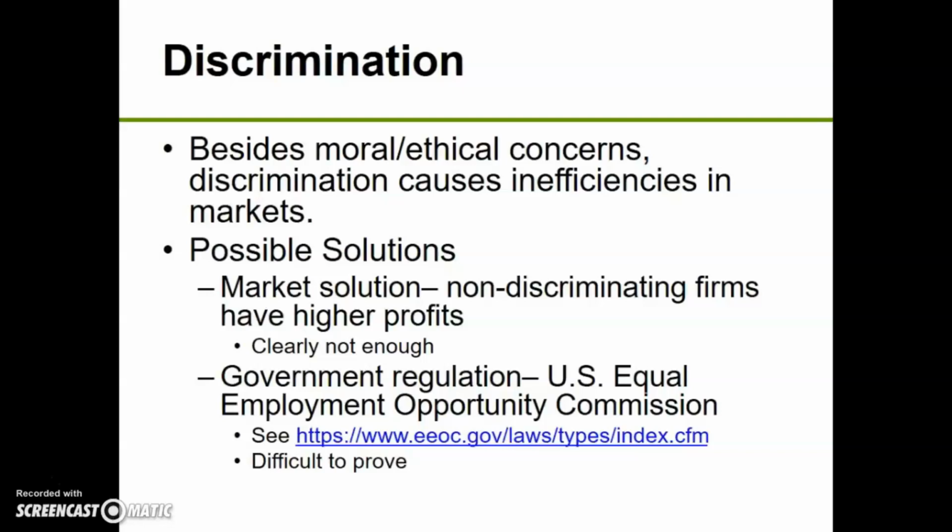The problem here, and the reason that we see discrimination still continuing, is that it's often difficult to prove when a firm is discriminating, and particularly difficult to prove that they're discriminating against one of the protected classes that have been ruled illegal to discriminate upon.